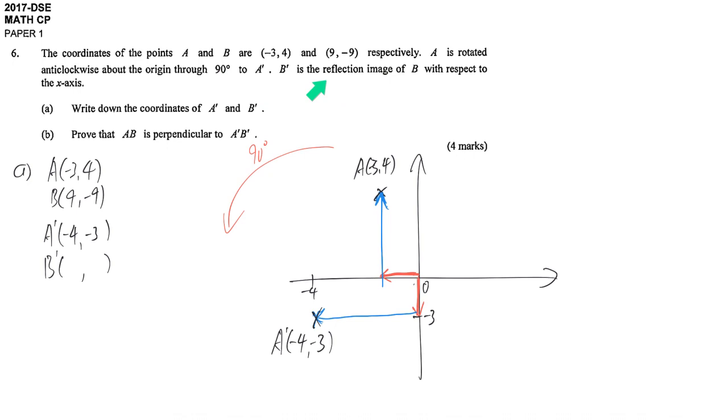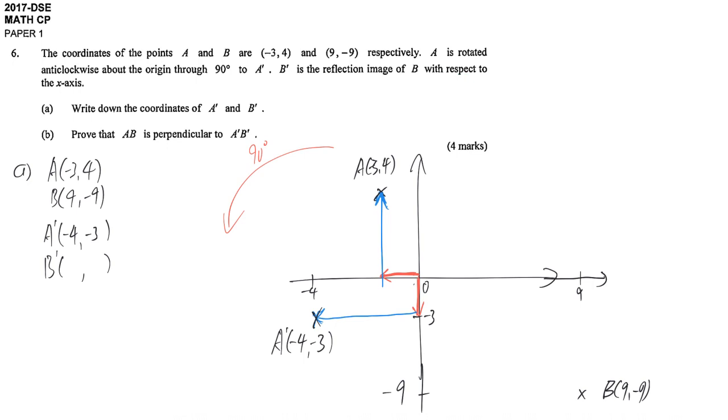And then B, 9, -9, we label that point also. 9 maybe further away, and -9. So this is point B. The height here is -9. And then it is reflected with respect to the x-axis.